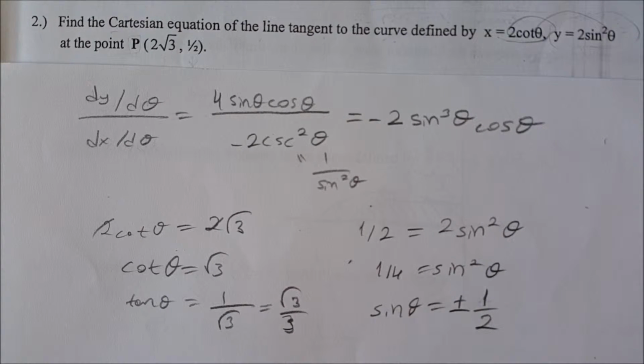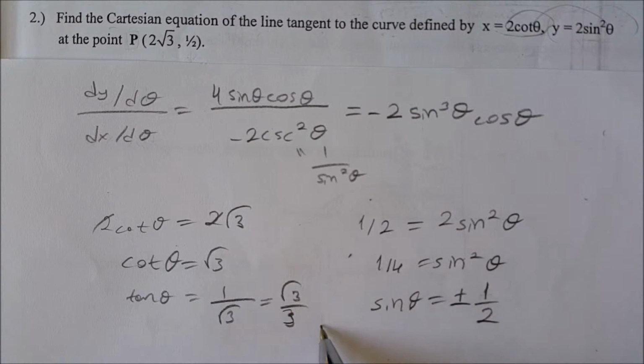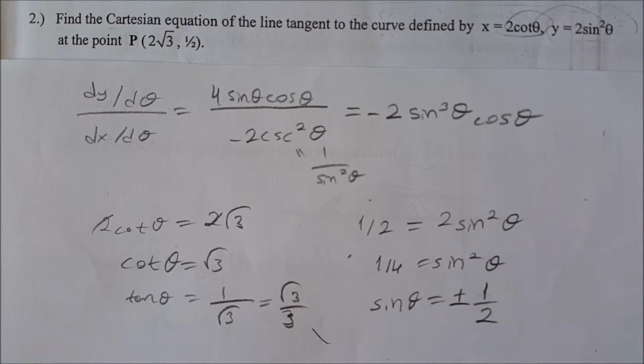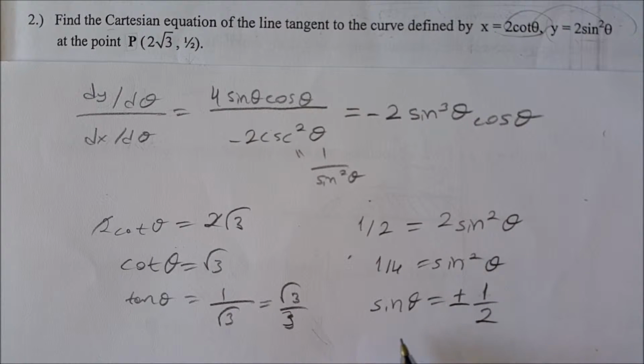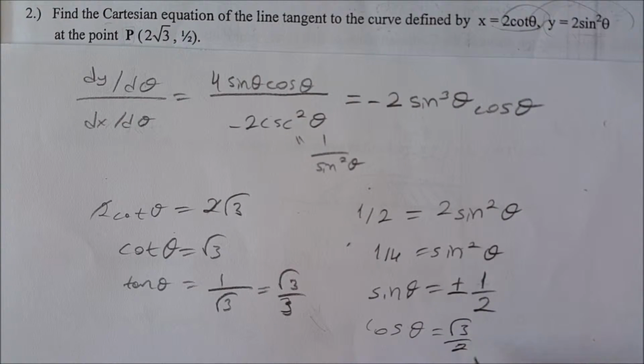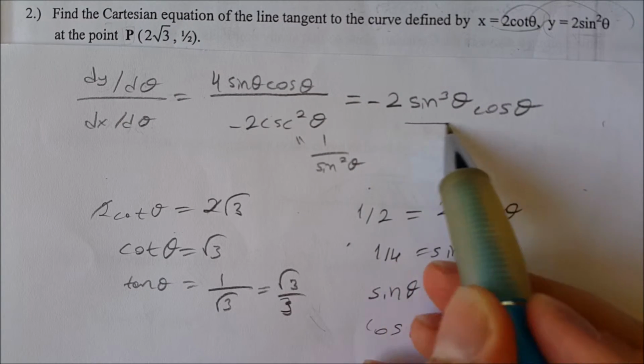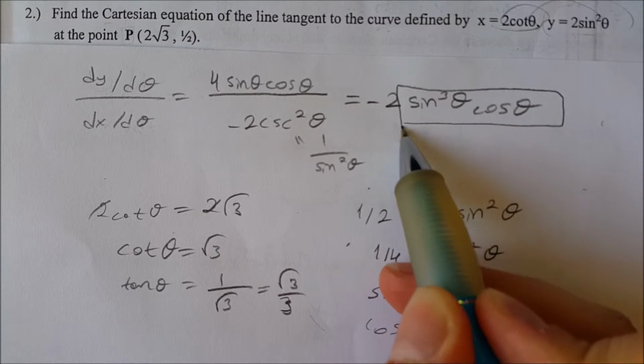So, if you look at these solutions, this means that our theta is pi over 6, which would give us cosine theta equal to root 3 over 2. So let's just write that down in value. But we need to now determine the sign of this part of the question.